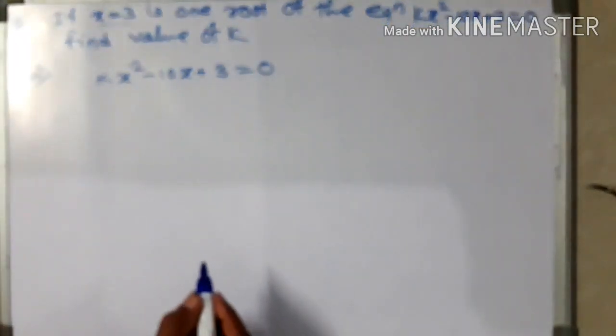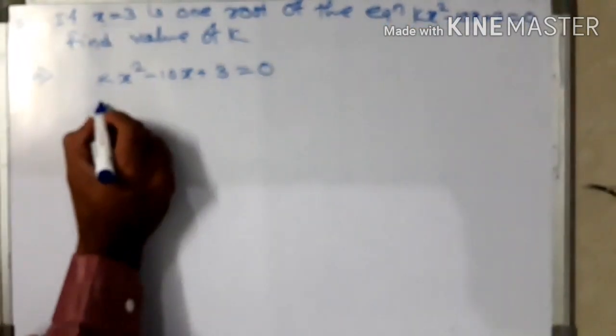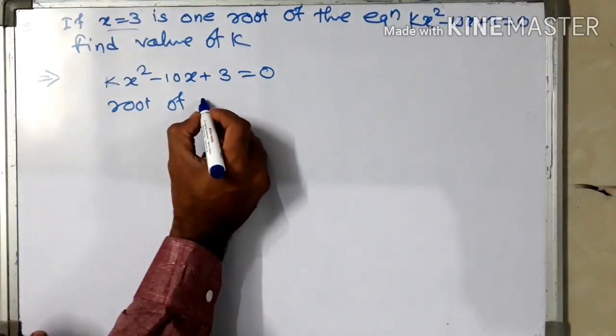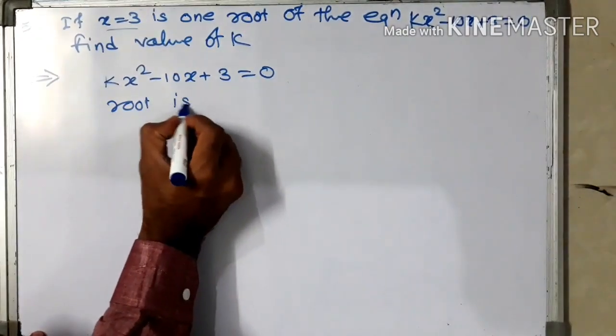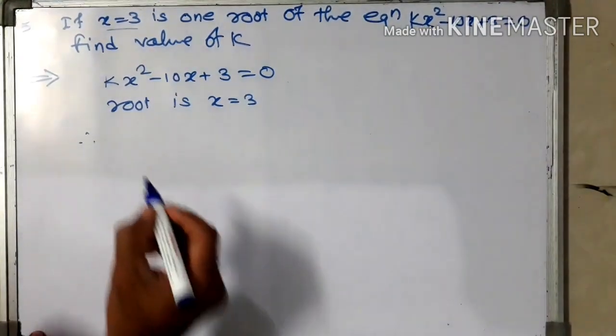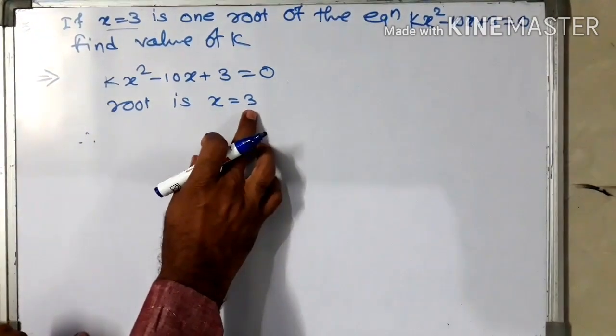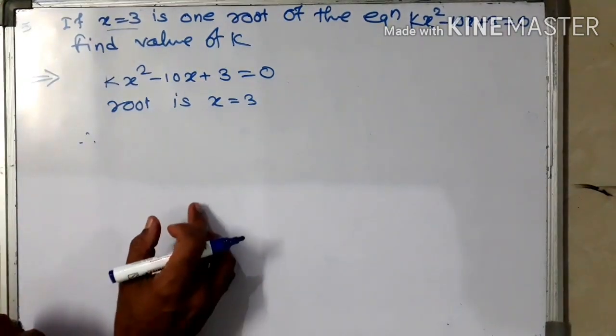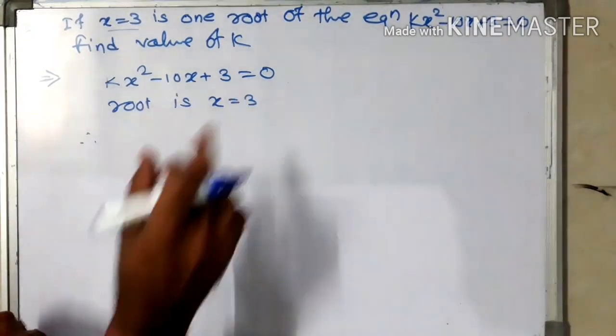This is a quadratic equation, and the root of that equation is x equals 3. So we know that root means value of variable which satisfies the given equation. That means value 3 satisfies the given equation.